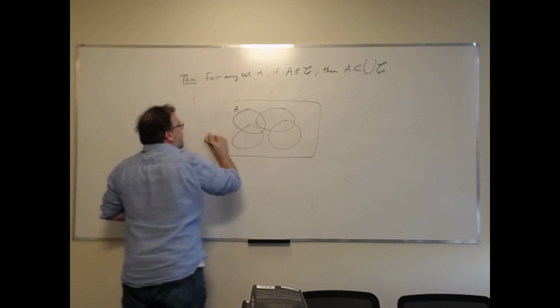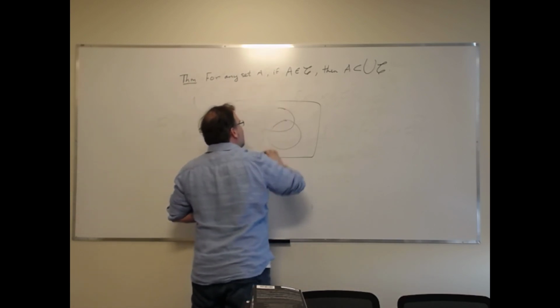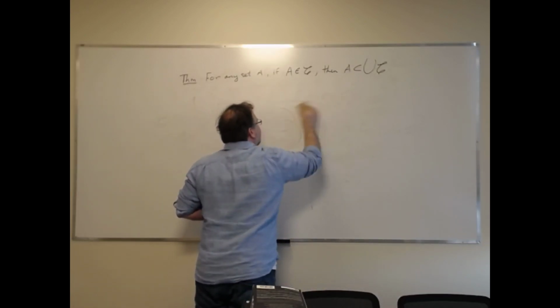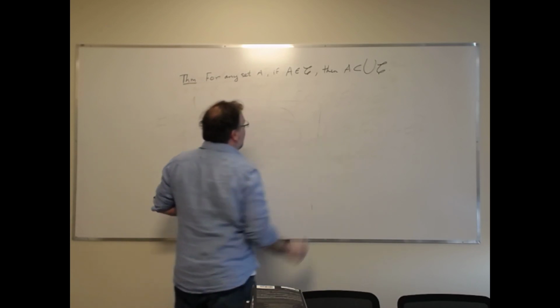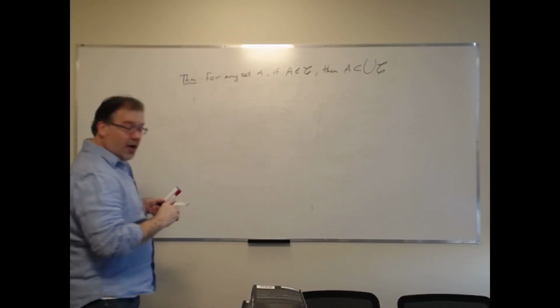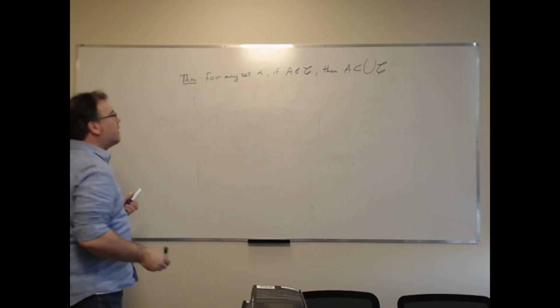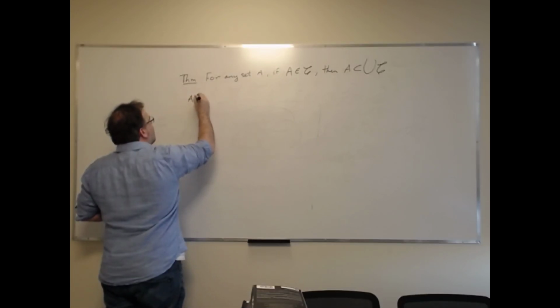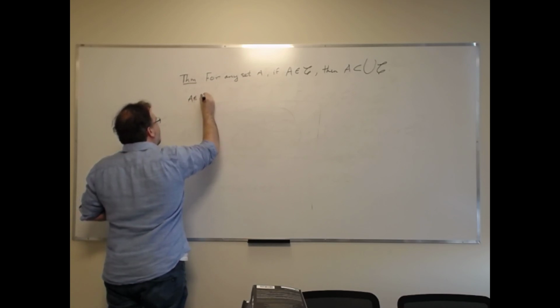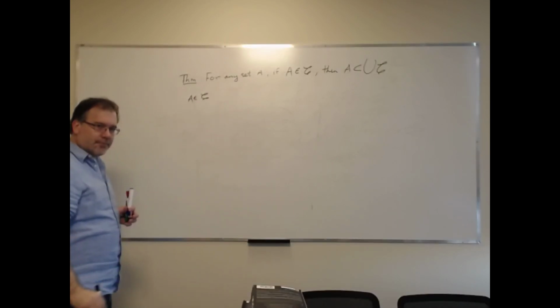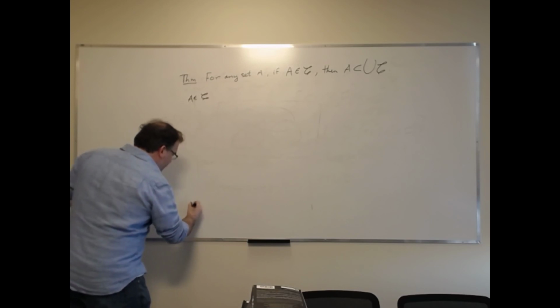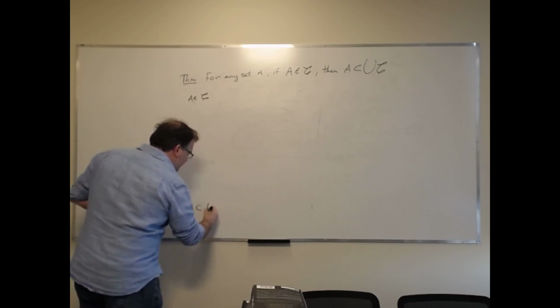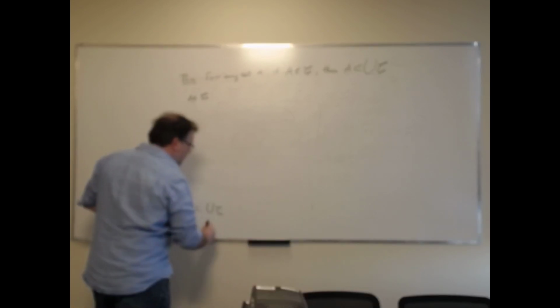So I hope intuitively that makes sense. But we're going to try to write it a bit more like in our Fitch diagram. So our first line in the Fitch diagram would be that A is in the collection, and our last line would be that A is a subset of the union of the collection.